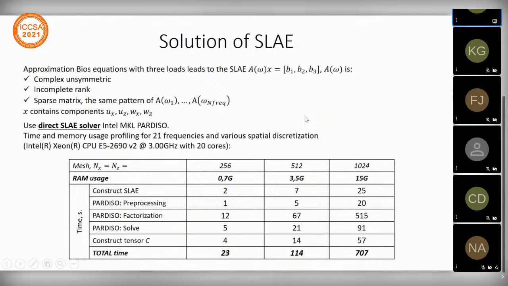And these are the estimates of the RAM usage and total time for preprocessing, factorization, and solution. As you can see, the problem of 1,000 by 1,000 grid points can be solved in just 10 minutes. It's quite nice, and it's a total time, which means that we are solving it for 3 different right-hand sides, for 3 different loadings.